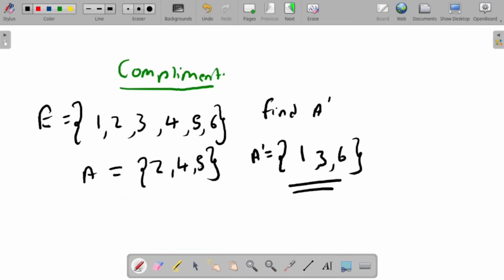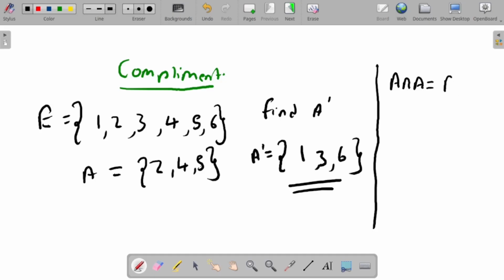Moreover, there are also rules, laws of algebra, algebraic laws of sets, where we look at the idempotent rules. We're looking at maybe A intersection A. What can the answer be?